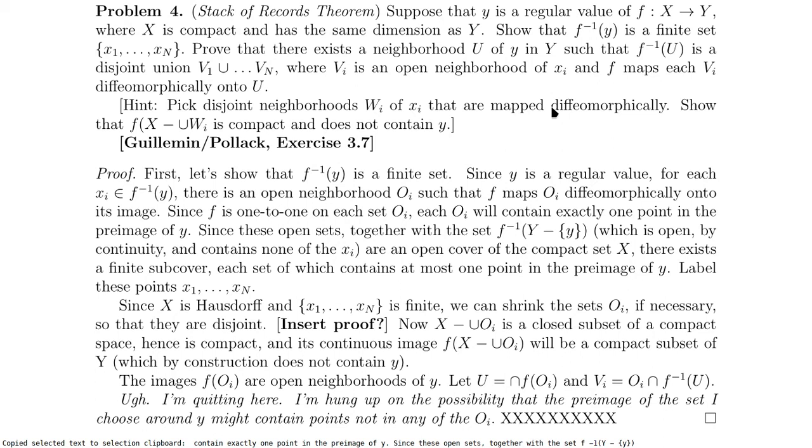No, wait, instead of doing it in terms of the images of the OIs, it's by looking in the complement of the image of X minus the union of the OIs.